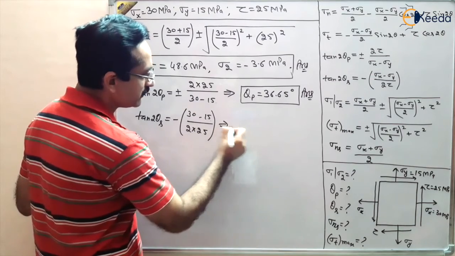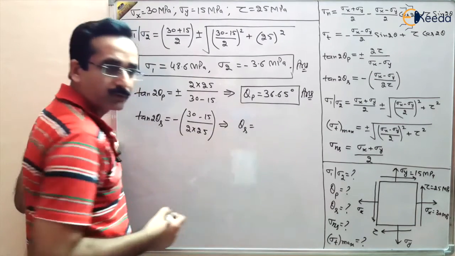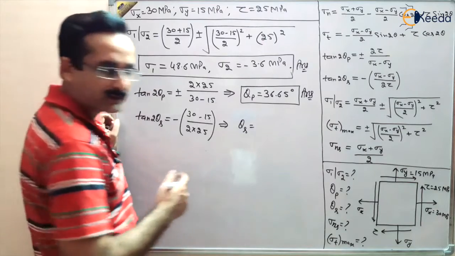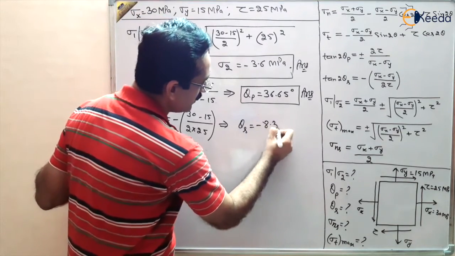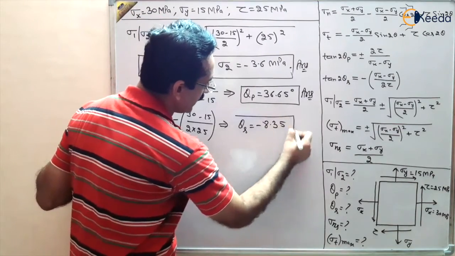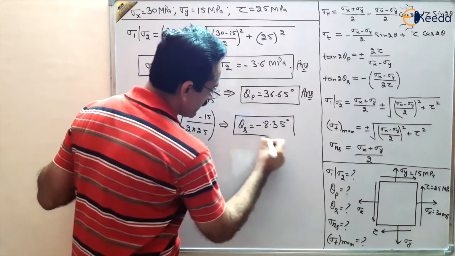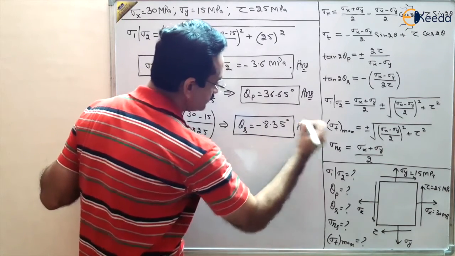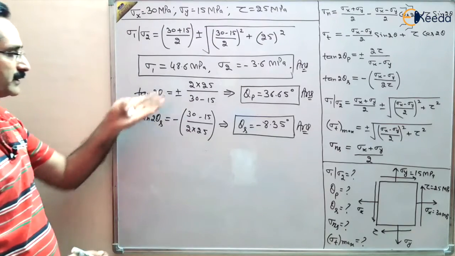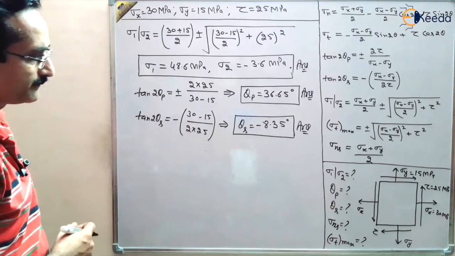Solve it and you will get the plane of maximum shear stress as minus 8.35 degrees. So this is the answer. It can be solved with a calculator very easily.